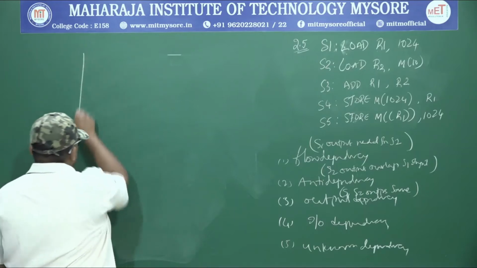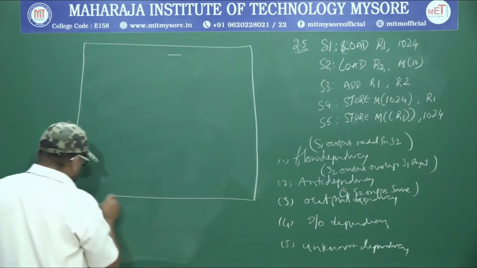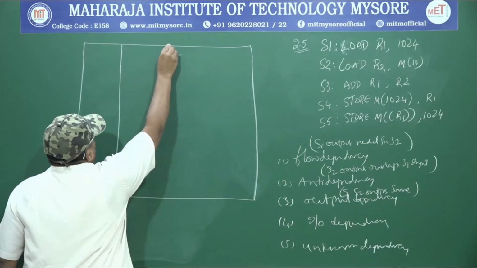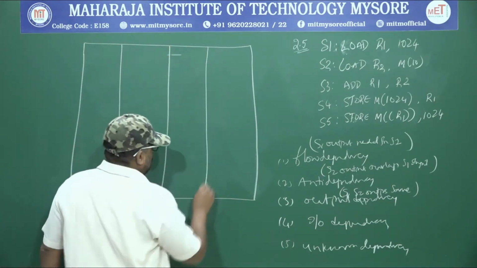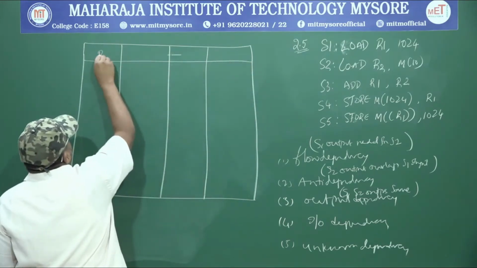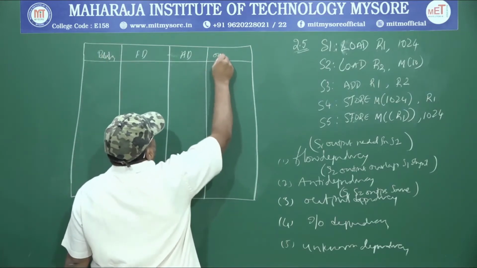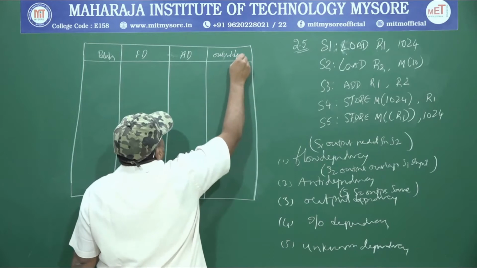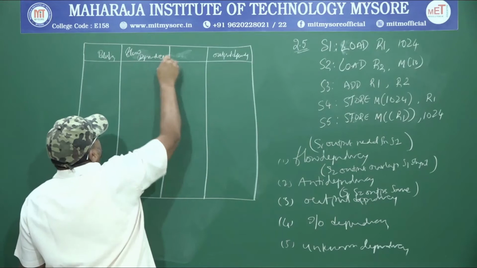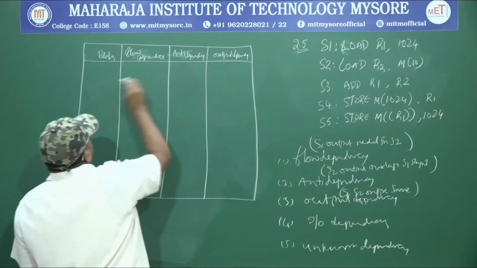I'm going to use the same approach that I used in the previous one. So it is going to be output dependency, flow dependency, and this is anti-dependency.